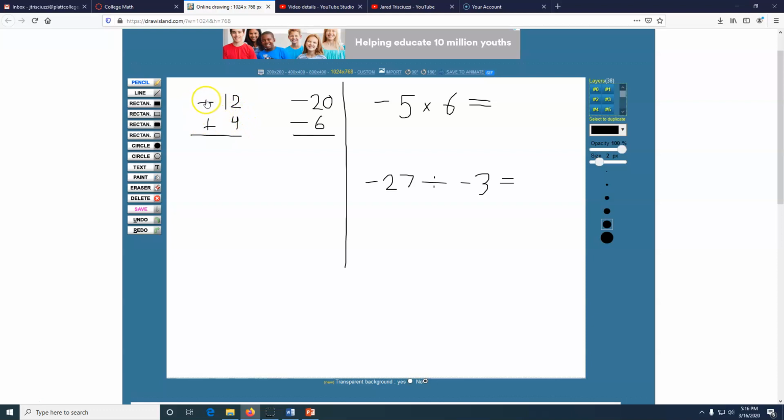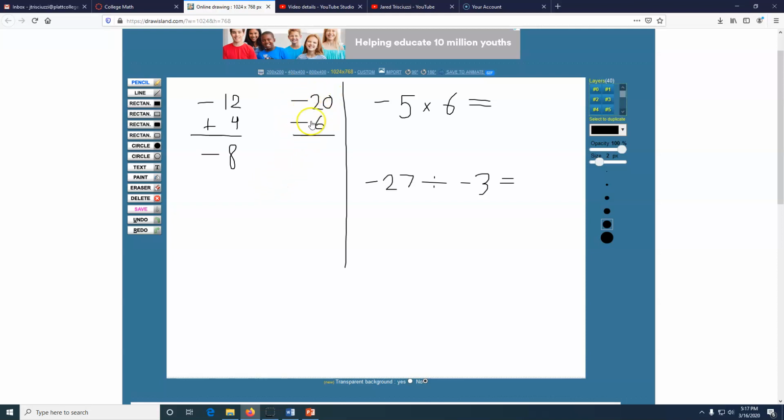So because of that, a plus and a minus, we subtract. So normally 12 minus 4, that's going to be 8. The second thing you do then is you look at the numbers, and the larger number is going to determine your sign. So because 12 is larger, this is going to be -8.